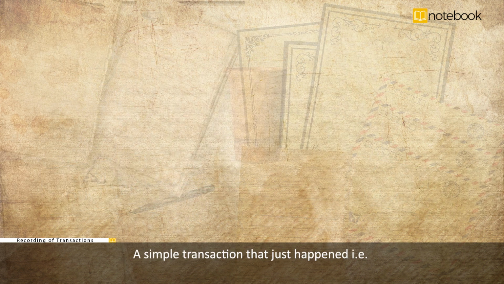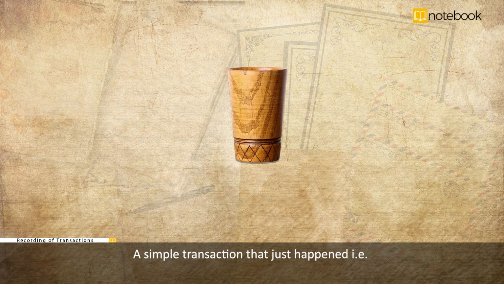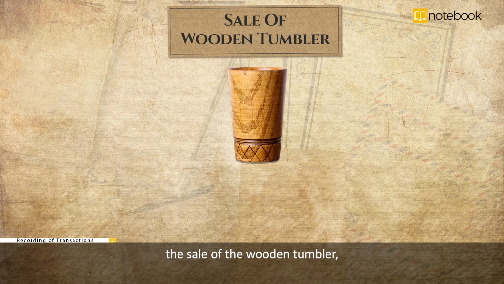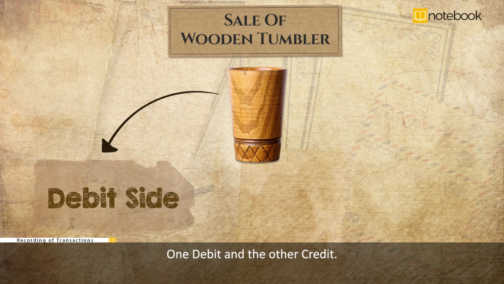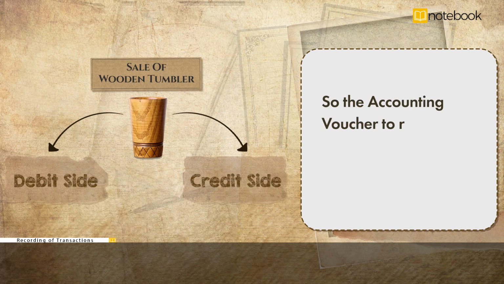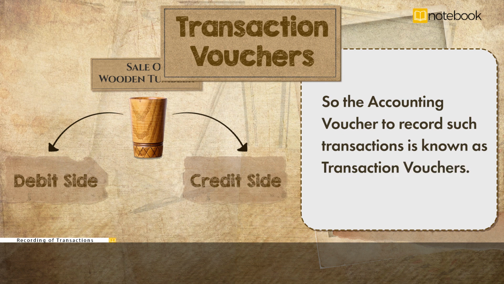A simple transaction that just happened, that is, the sale of the wooden tumbler, has two simple sides, one debit and the other credit. So the voucher to record such transactions is known as transaction vouchers.